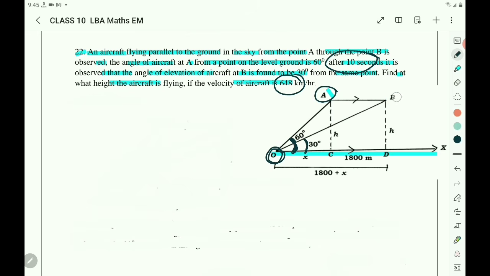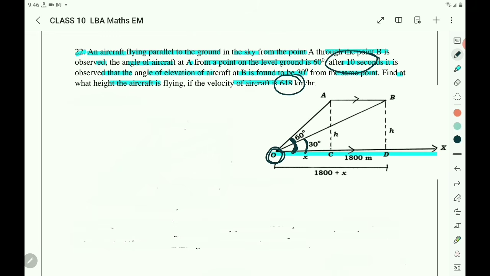The initial position is A. After 10 seconds, the final position is B. The speed of the helicopter is 648 km per hour. Then we have to find out the distance traveled. The distance traveled is AB, that is equal to CD.